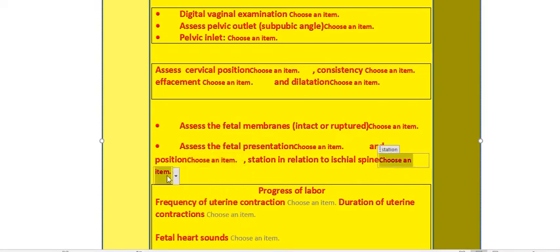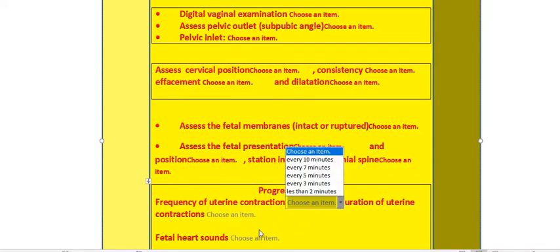And we determine the station, whether it is -3 or -2 or 0 or engaged at the ischial spine or +1 or +2. And then we assess the progress of labor by examining the patient every 2 hours to assess the frequency of uterine contractions and the duration of the uterine contractions and the fetal heart sounds.